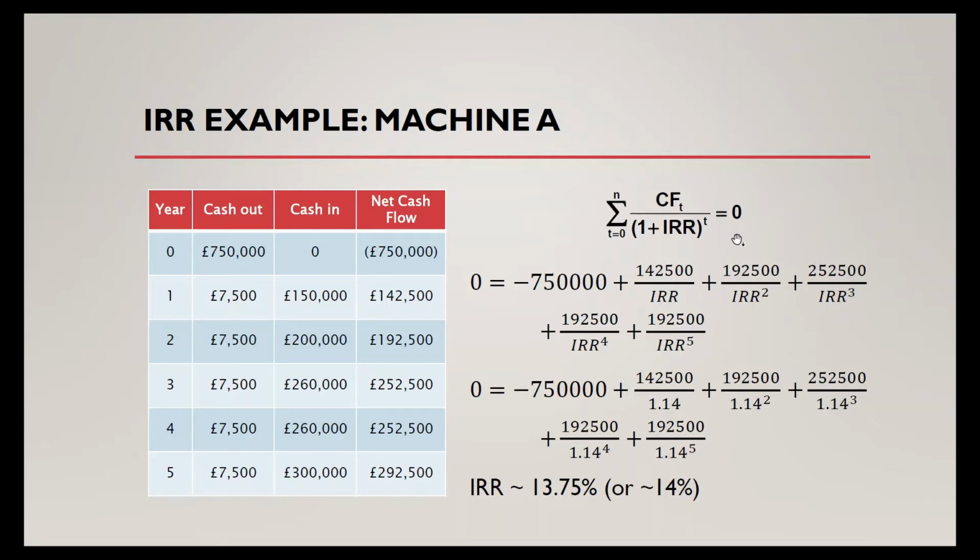Now, in our previous video, we know that at the 10% discount factor or interest rate, we still end up with a positive NPV. So in other words, the discount factor will be higher than 10% so that when we discount this, the number will reduce to 0. If we put 20% and the answer becomes a negative number, then we know that we have to reduce the IRR.